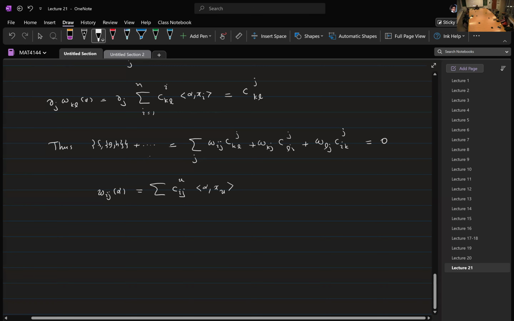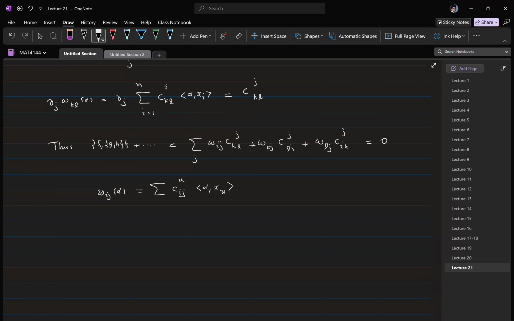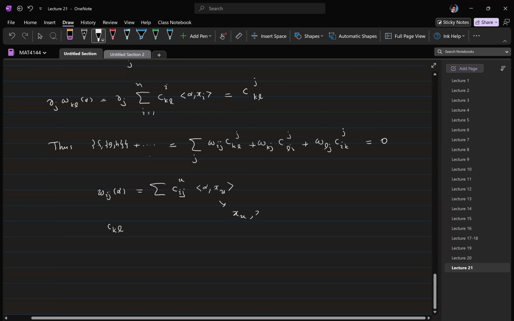Now if I multiply this by this CKLJ and do the summation over the xj, I should end up with something like xu, xk, xl, and then the summation propagates over the tree, and I should get 0.